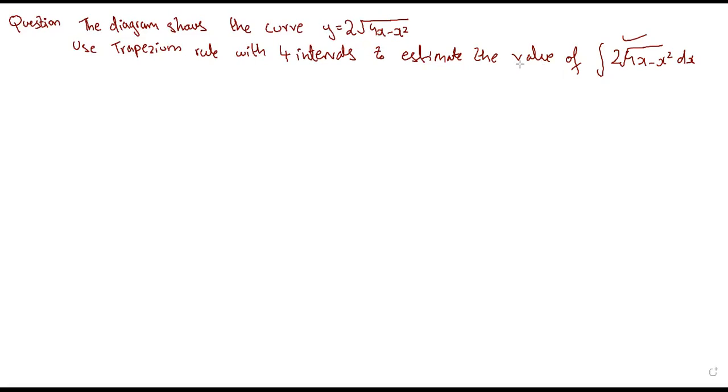But here they are saying value of this integral. So basically the value of this integral is what the area under the curve is. Isn't it so? Yes. So never ever get confused by statements, okay?